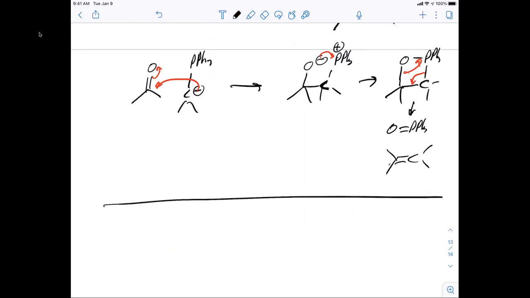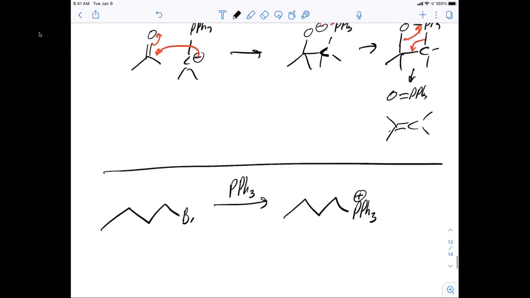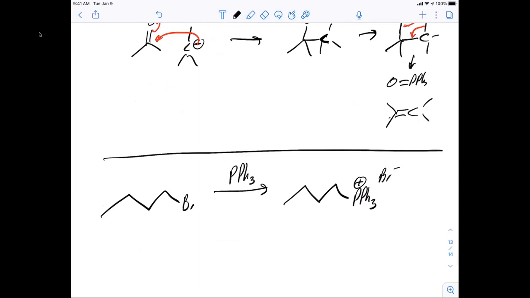Now, how do we make the phosphorus ylide? We react an alkyl halide, usually a primary. Secondaries also work, but primaries you'll see quite a bit. We get the phosphonium salt, but then we need to add a strong base, like butyl lithium.